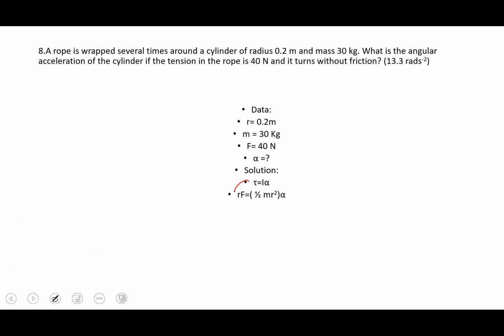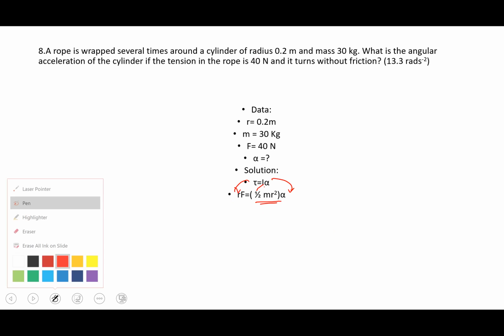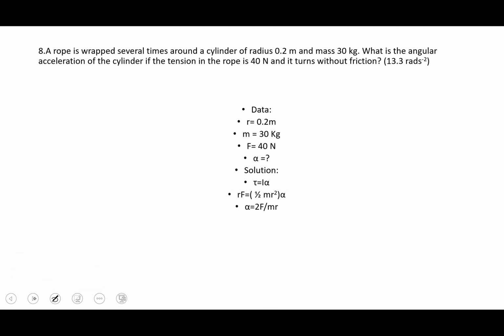So, instead of torque, I'm going to write down the moment of F into R, and the moment of inertia of a cylinder is given to us, which is half mr square, and alpha will be written as is. Fr is equal to half mr square alpha.